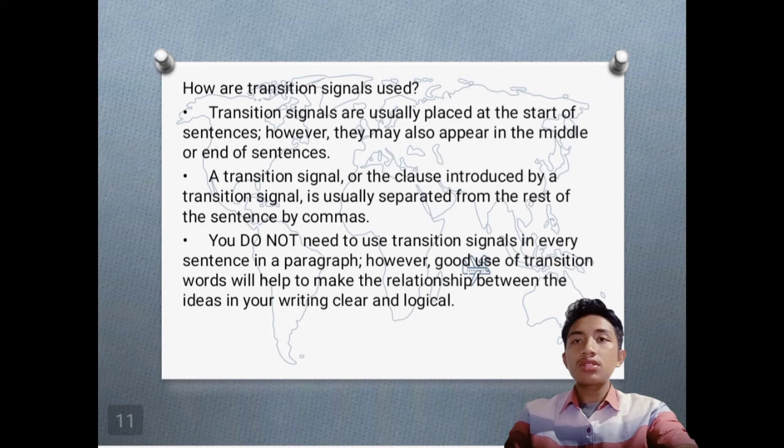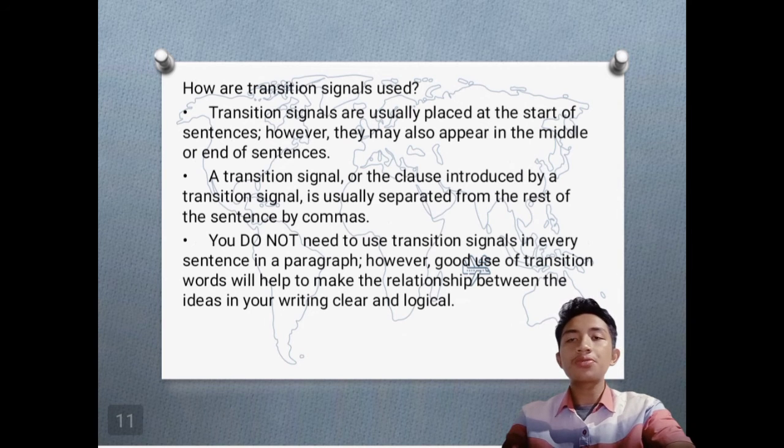Transition signals are usually placed at the start of a sentence. However, they may also appear in the middle or end of a sentence. A transition signal or the clause introduced by a transition signal is usually separated from the rest of the sentence by commas.